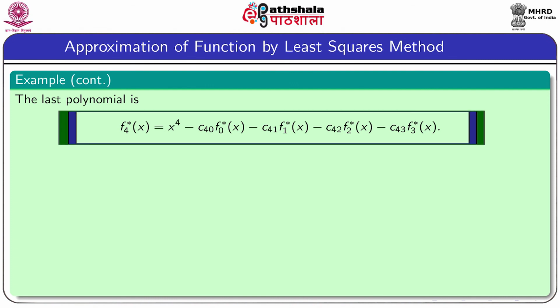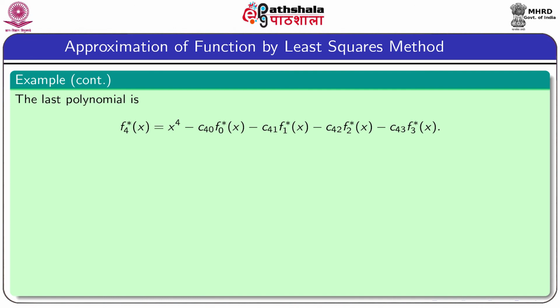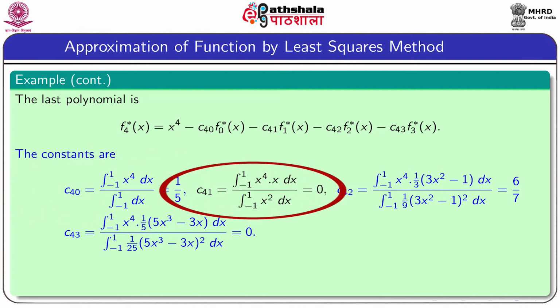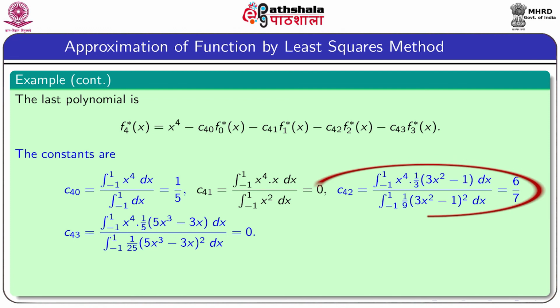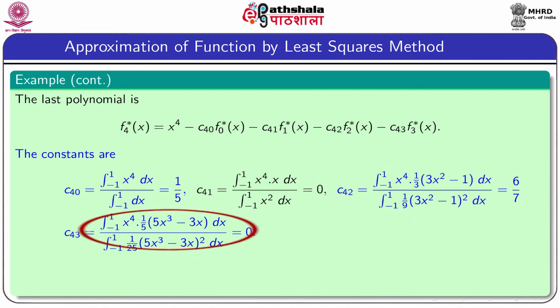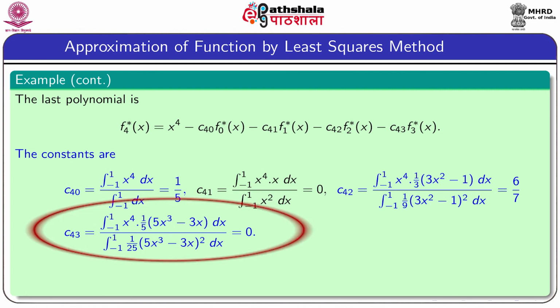Now, the fifth or last polynomial is f4 star x equal to x to the power 4 minus c40 f0 star x minus c41 f1 star x minus c42 f2 star x minus c43 f3 star x, where c40 is equal to 1 by 5, c41 is 0, c42 is 6 by 7, and c43 is equal to 0.